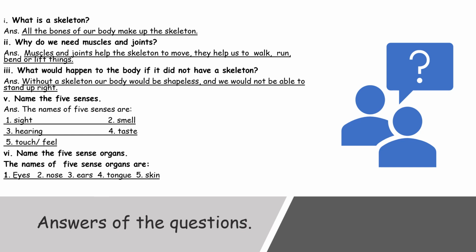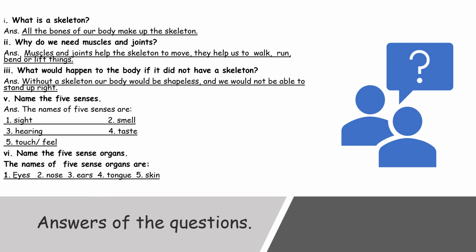Question number 3 is, what would happen to the body if it did not have a skeleton? The answer is, without a skeleton, our body would be shapeless and we would not be able to stand upright. Question number 5 is, name the 5 senses.